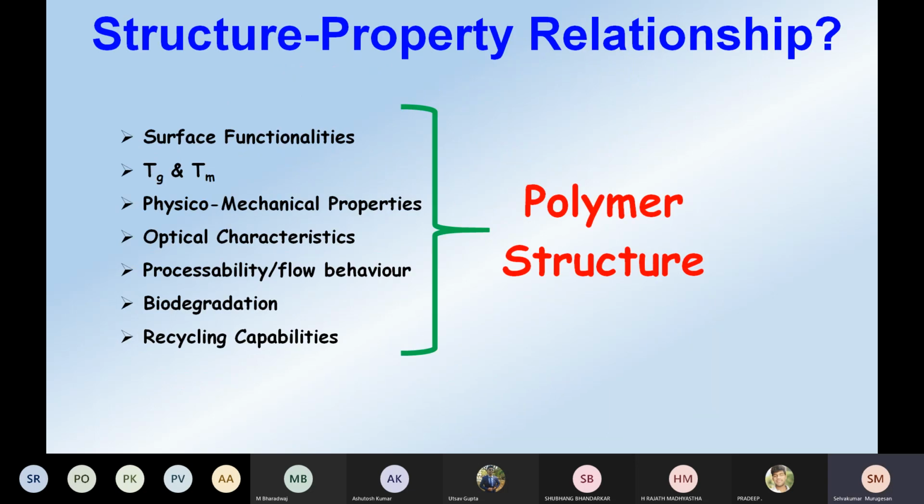So now you must know what a structure-property relationship is. Say, for example, surface functionality. As I told you, you may have a bifunctional or trifunctional group, or no functional group. That means your polymer is completely non-polar, with no polar groups present in your polymer system. That means the charge is zero.